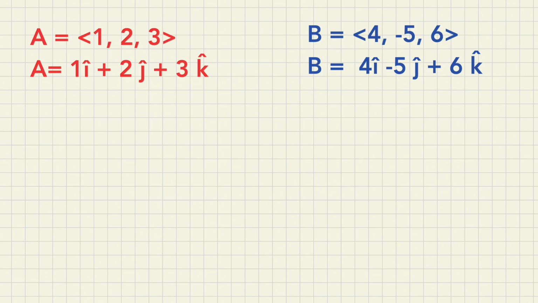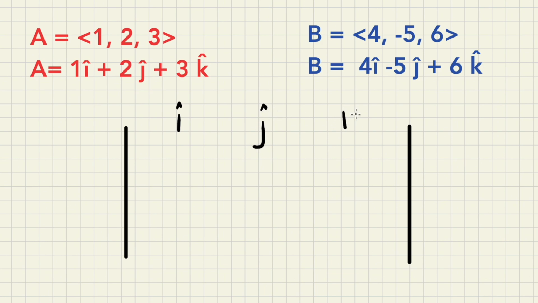So what I'm first going to do here is make a little line like this. This is going to be our table, and we're going to have 3 rows. In this first row, I'm going to put my components. So that's my I, J, and K components like this. And I'm going to write out each one that I have for this one.